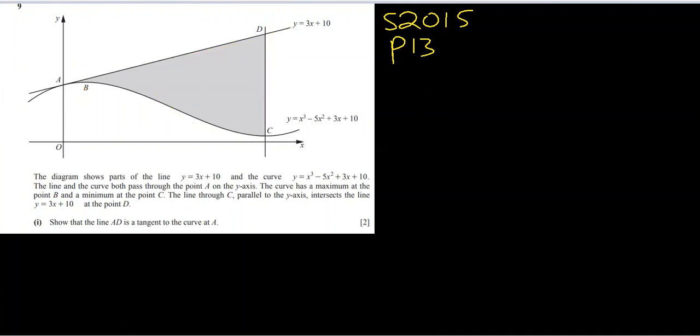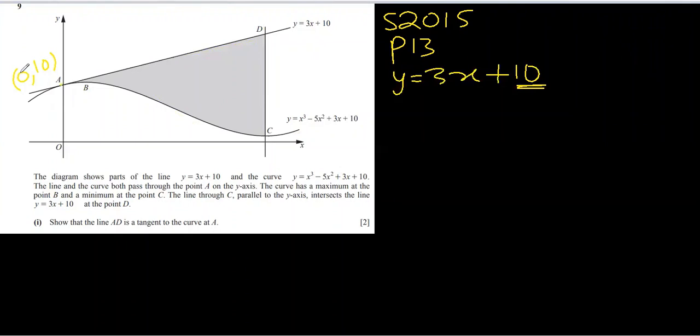How can we show that? The line's equation is y equal to 3x plus 10, right? That means 10 is the y-intercept, which means that the y coordinate of point A is 10, and we already know that the x coordinate is 0.